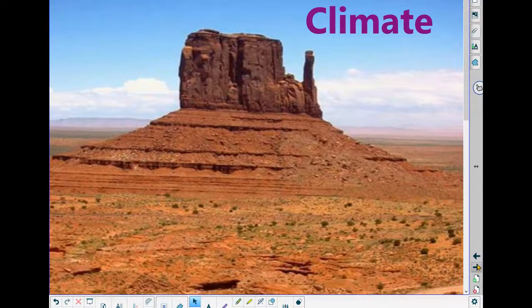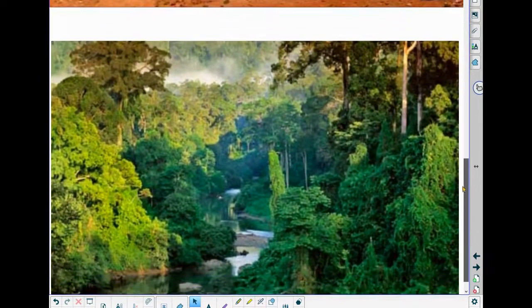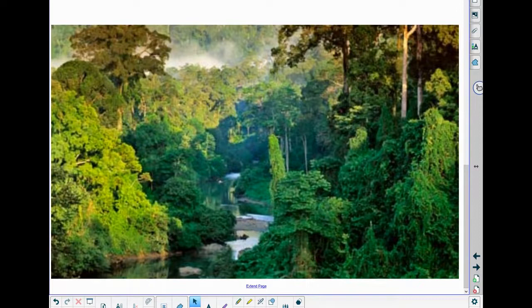It will also have an effect on how the land looks. If the climate of an area is very dry, we will get weathering that gives us rocks with nice angular changes from one rock layer to another. But if we have a climate that is warm and moist, there's much more gentle slopes because of the vegetation there.